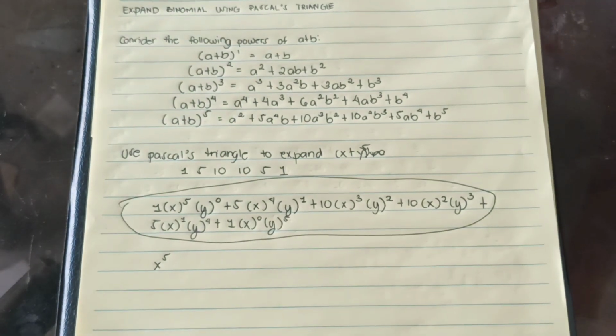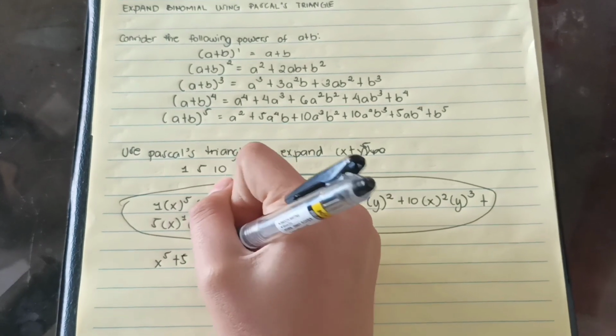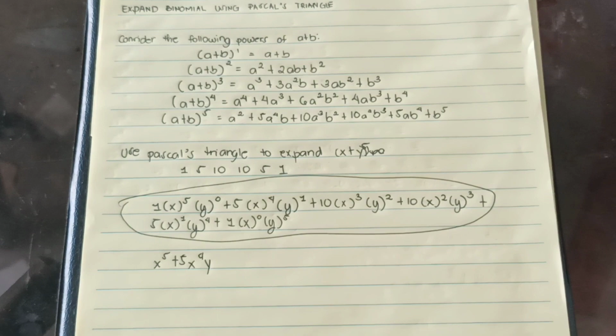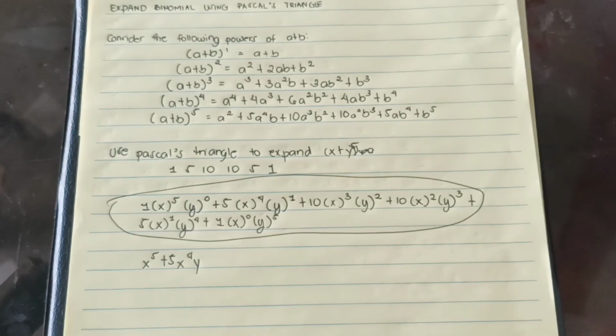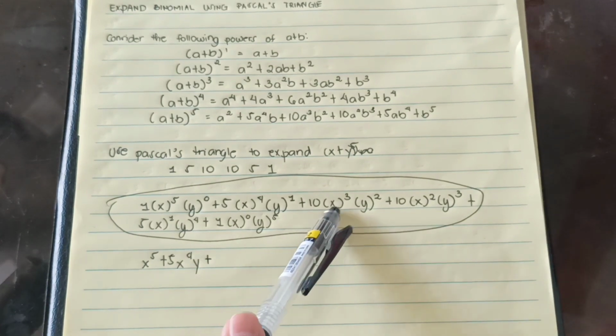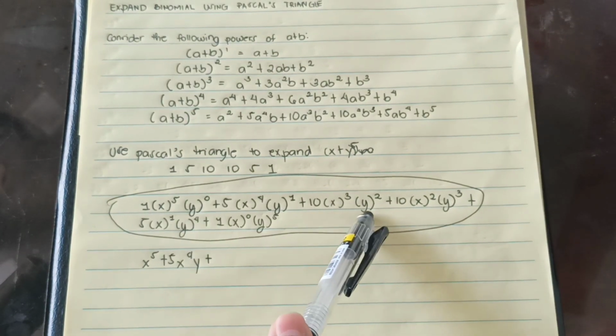So that is 5x raised to 4 times y plus 10 times x raised to 3 times y raised to 2.